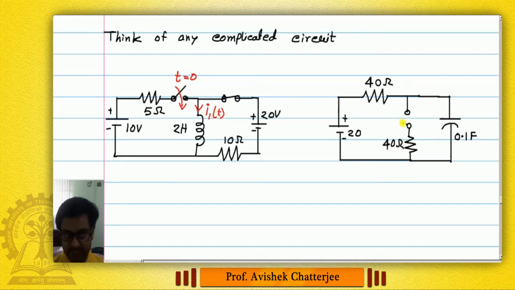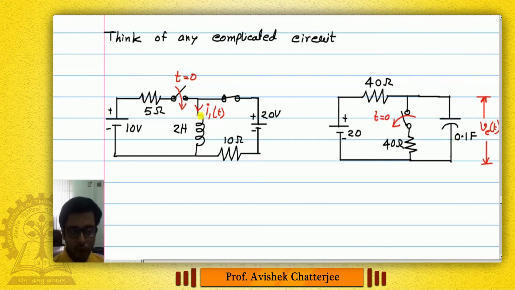Or say in this circuit, I can say that this switch is opened at time t equal to 0, and we want to find, say, this voltage across this capacitor. You can call it VC(t), for time greater than equal to 0.